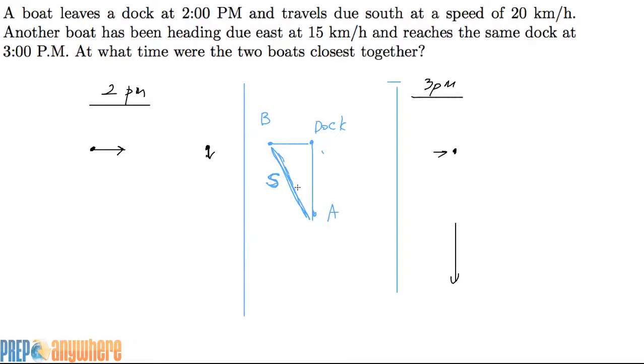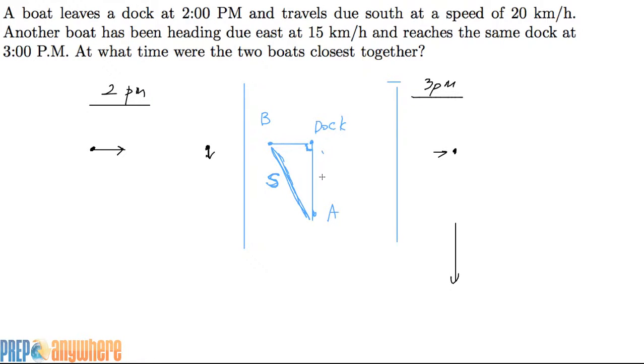Okay, so when we set this up, if you're not sure exactly what it is that you're supposed to get, first label the relationship you see here. What geometric relationship are we talking about? In this shape, it's a Pythagorean relationship, right?